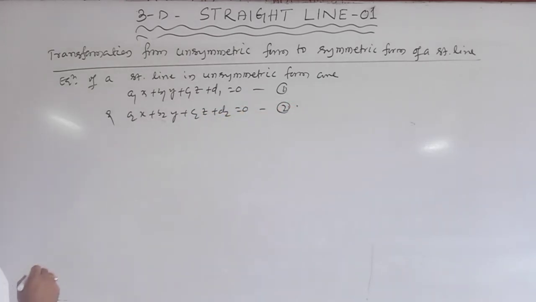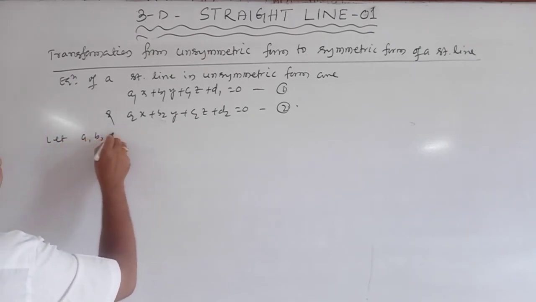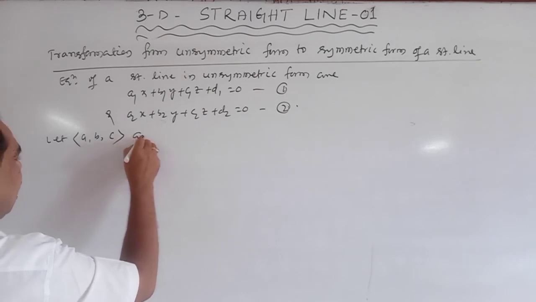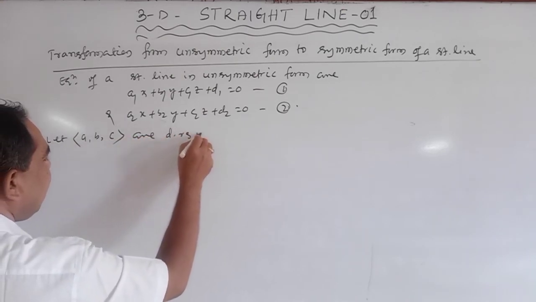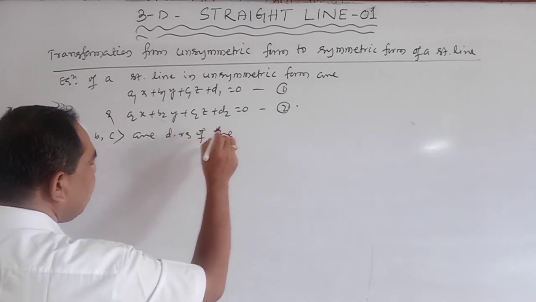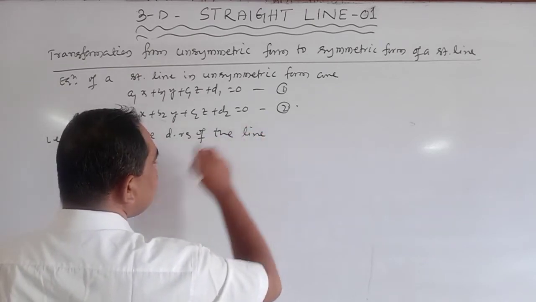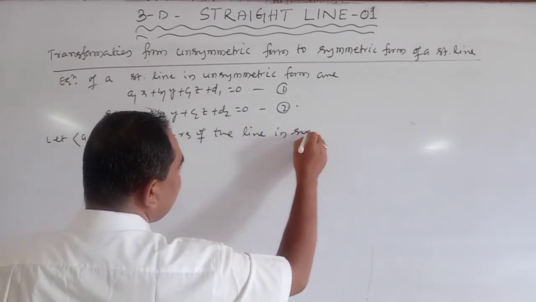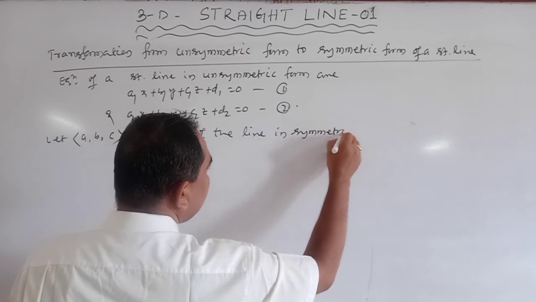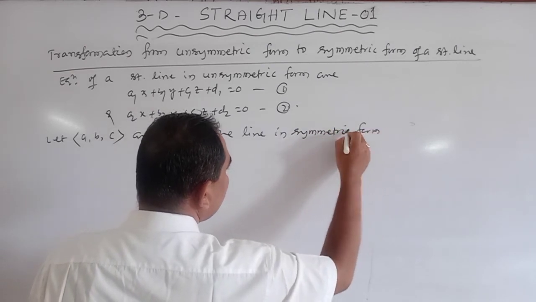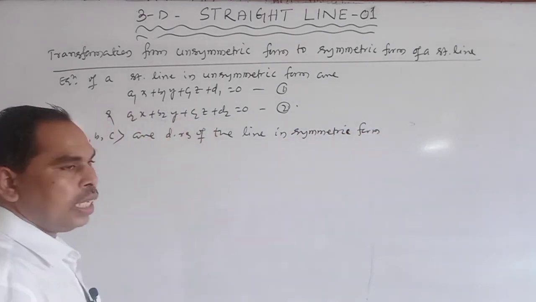Let a, b, c be the DRs of the line in symmetric form.